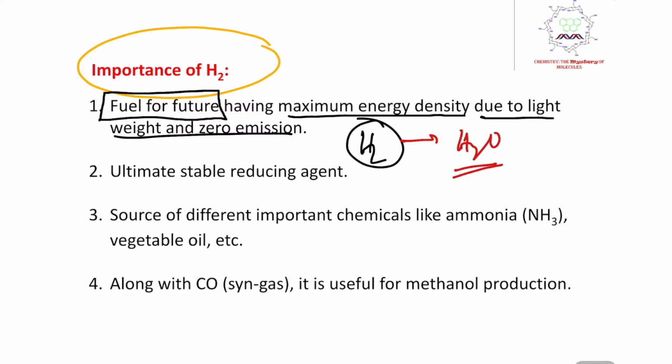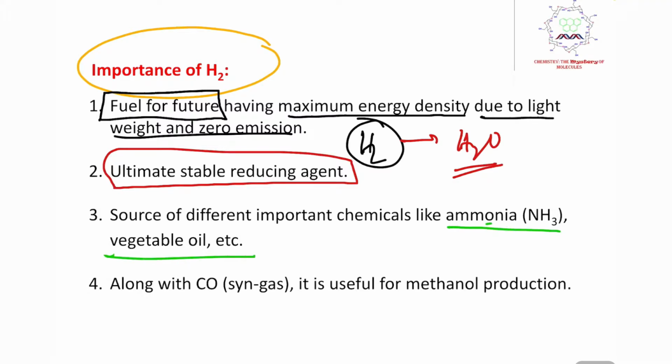Second thing, it is the ultimate stable reducing agent, meaning you may consider hydrogen the safest or greenest reducing agent, and the source of different important chemicals, like ammonia and vegetable oil. If we look at the example of ammonia, hydrogen plus nitrogen produces the ammonia molecule, and this ammonia molecule reacts with carbon dioxide to produce urea.